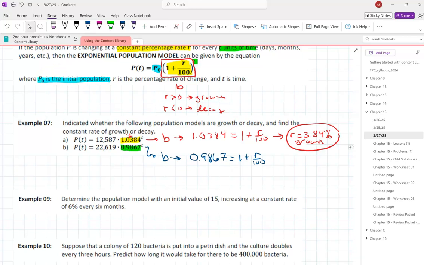So when I subtract 1 from both sides, then multiply by 100, I'm going to get that r is negative 1.33%, which tells me that's going to be decay. Or I could have observed that it was going to be decay from the beginning just by seeing that the number was less than 1. Either way of thinking about that is fine. Does everybody feel okay with what we did there? Pretty easy, right? You just have to recognize what it is you're looking at.